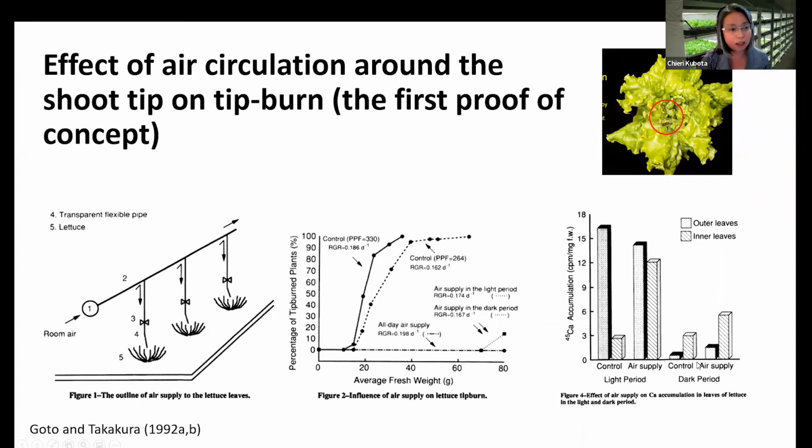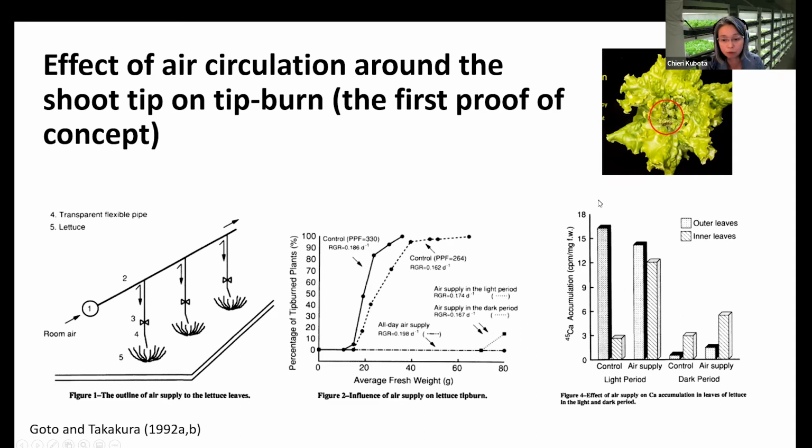And then they also tested calcium concentration of outer leaves and inner leaves. Here, two bars show calcium concentration of the lettuce plants without targeted airflow around the shoot tip. Inner leaves have very low calcium concentration.